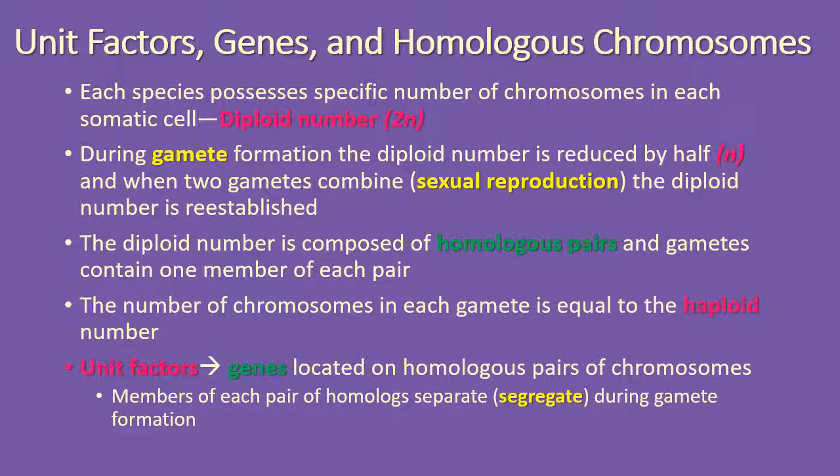And we know again that genes are the unit factors that Mendel was describing, and that they're located on these homologous chromosomes, and that members of these homologs separate or segregate during gamete formation. So like I said, all that stuff came together. The researchers looking at the chromosomes and looking at cell division put together what they had found with what Mendel had found, and then everything made sense.